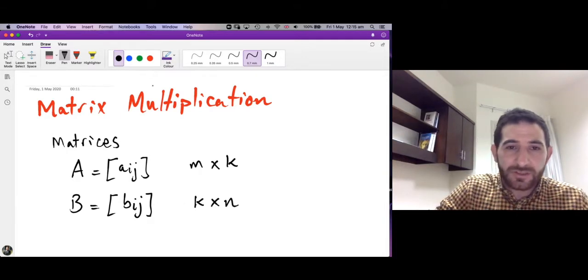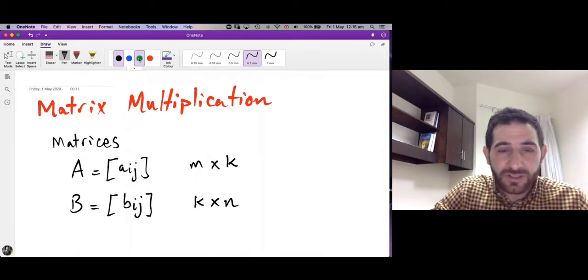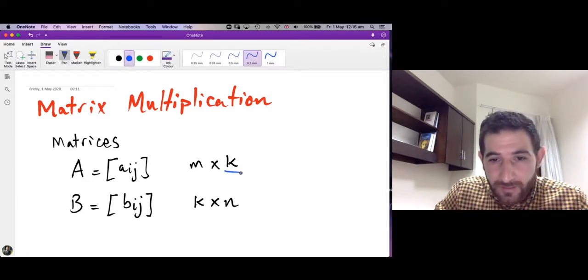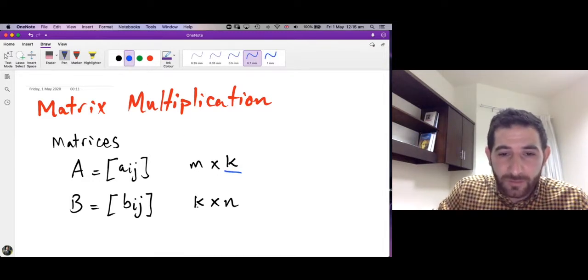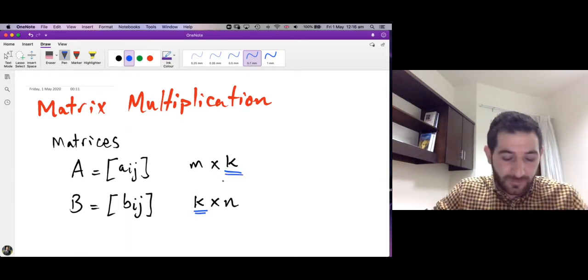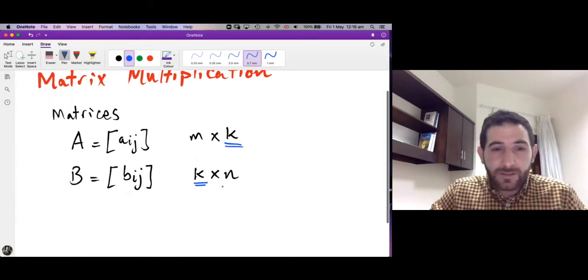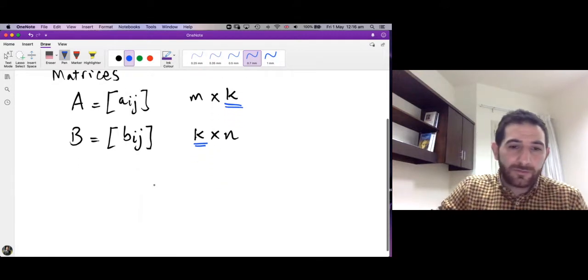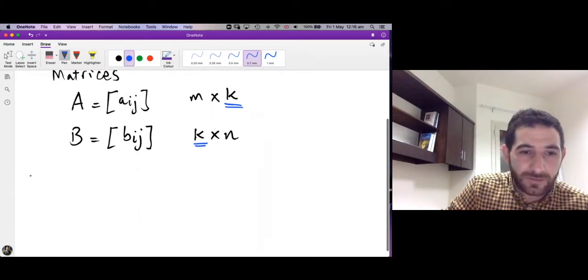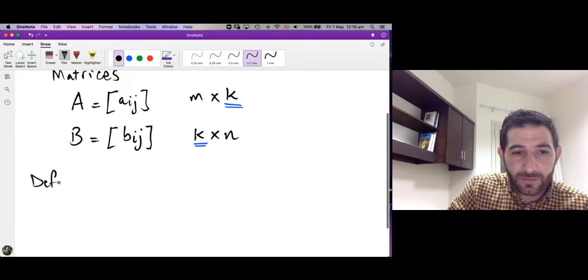Okay, so notice here that the first condition in order to be able to define multiplication is that the number of columns of A must be equal to the number of rows of B. Then we want to define the multiplication of A and B to be a matrix.